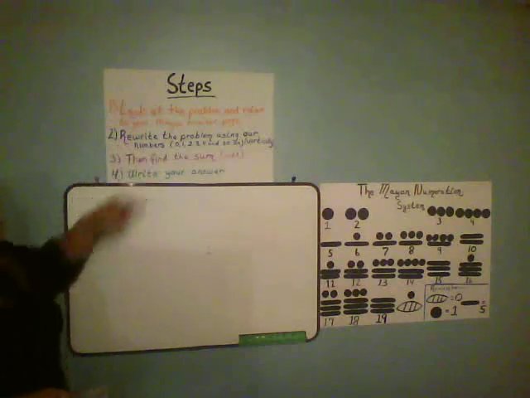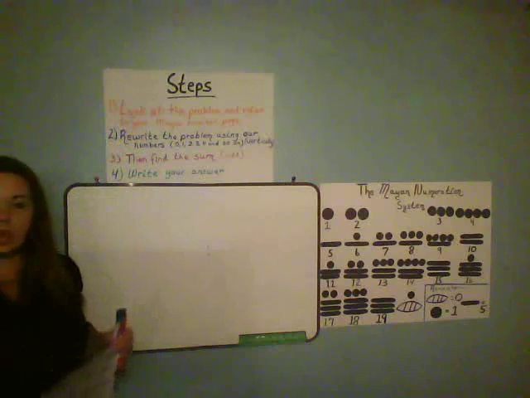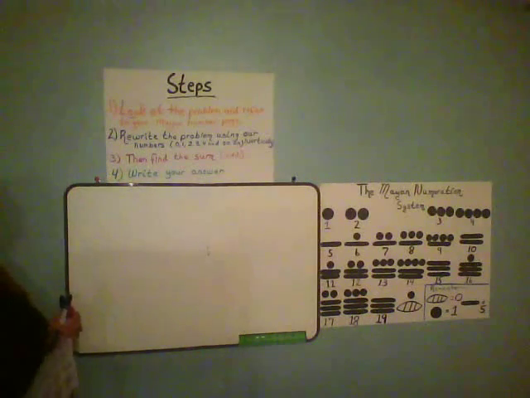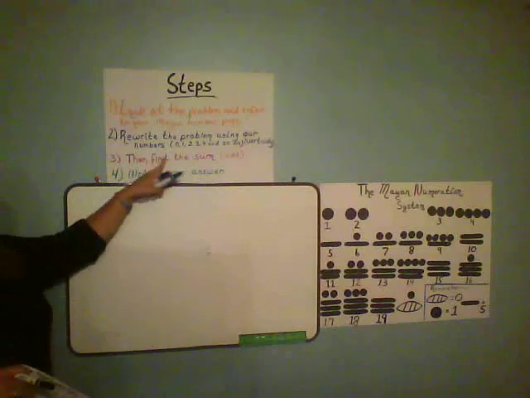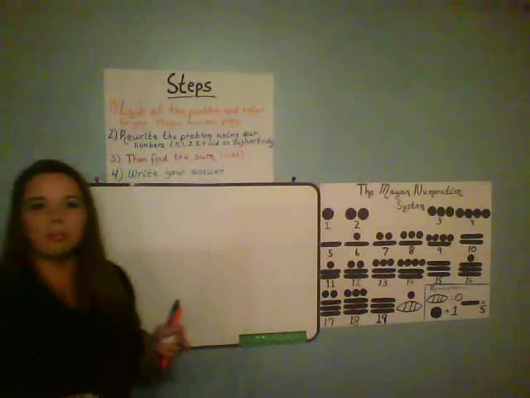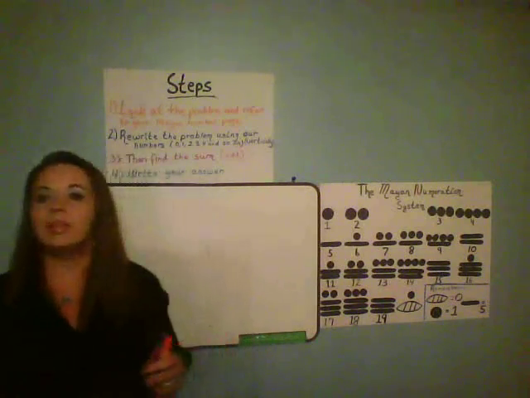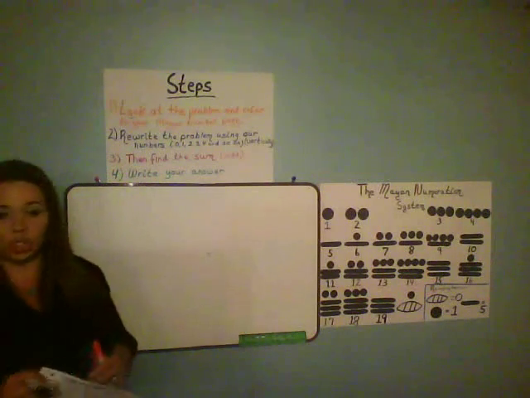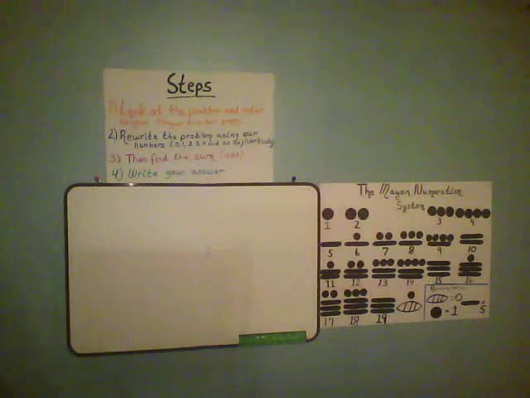The second step, you're going to rewrite the problem using our numbers, 0, 1, 2, 3, 4, and so on. The third step, you're going to find the sum. Find the sum means what, Ashley? Right, you're going to add. The fourth step is you're going to write your answer down.